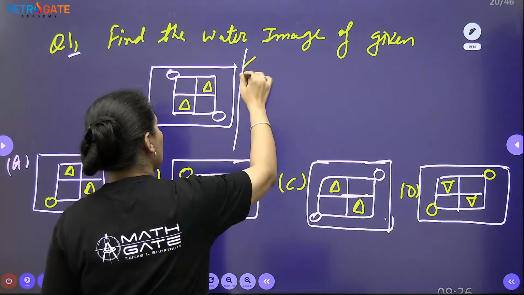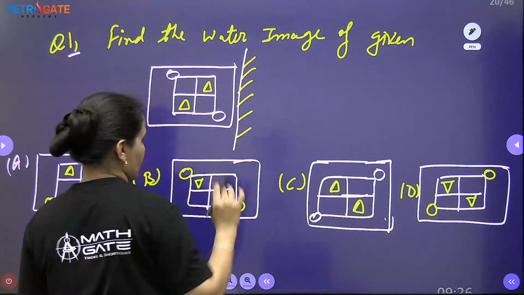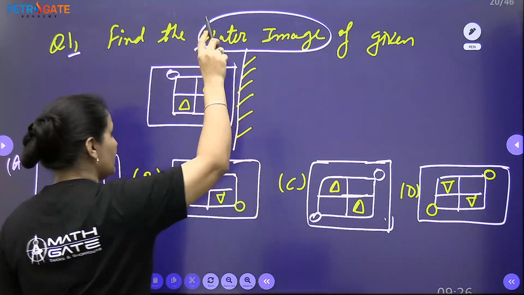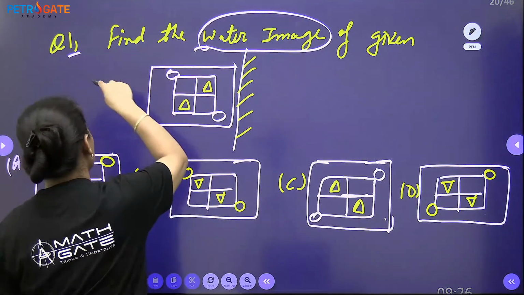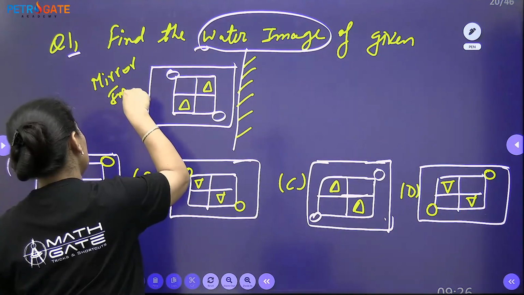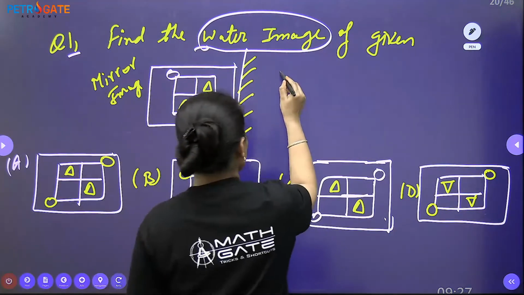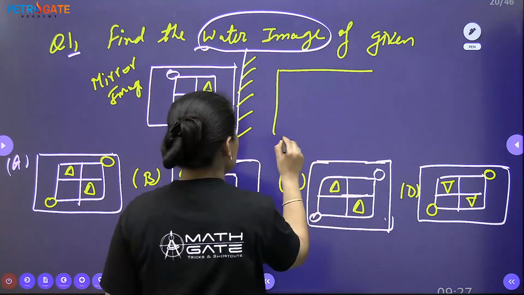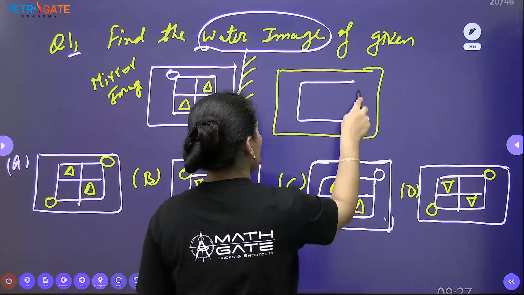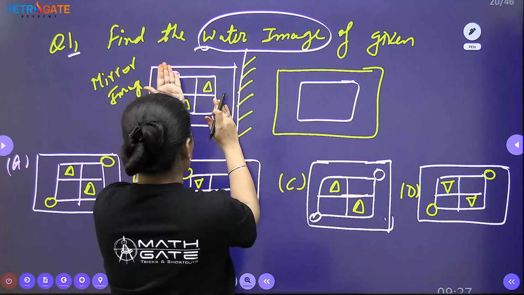If I'm going to find out the mirror image of this one, first I'm going to tell you, it's talking about the water image, but first I'm going to tell you the mirror image. If I need to find out the mirror image, then how will it be changed? I think you can understand my point. When we go for the mirror image, it should be like this.